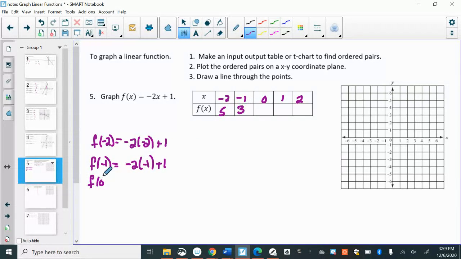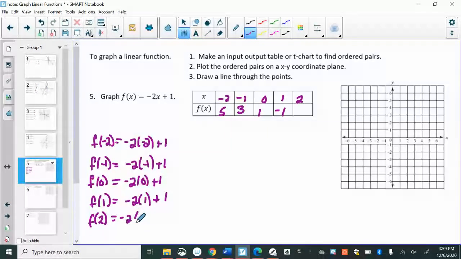If I were to find f of 0, we would get 1. F of 1 is -2 times 1 plus 1, so that's -2 plus 1, so that's going to be -1. And then if I tried f of 2, -2 times 2 plus 1, we would get -3.